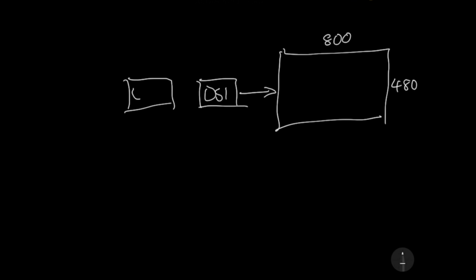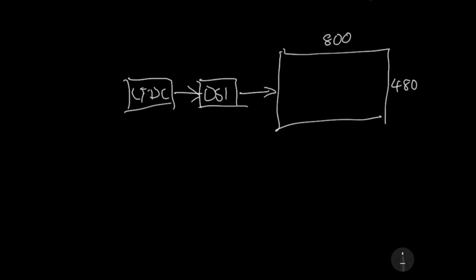So the one we're working with has actually got 800 pixels across by 480 pixels high, and the way it kind of is all connected is we have the DSI peripheral, which sends its data out to the screen, and we have the, my writing's terrible, LTDC peripheral, which feeds its data to the DSI peripheral.